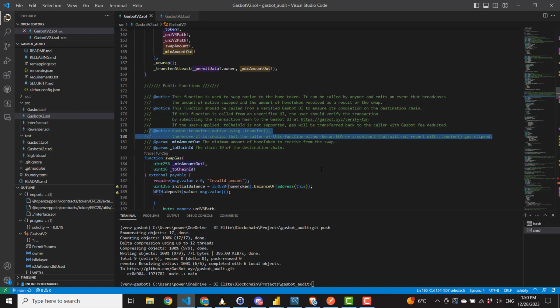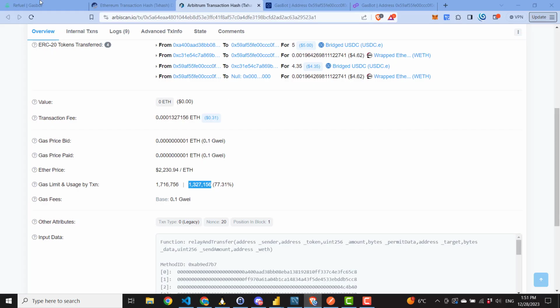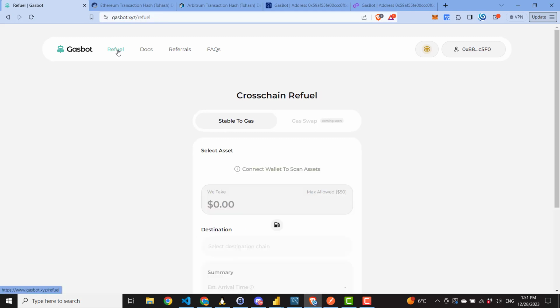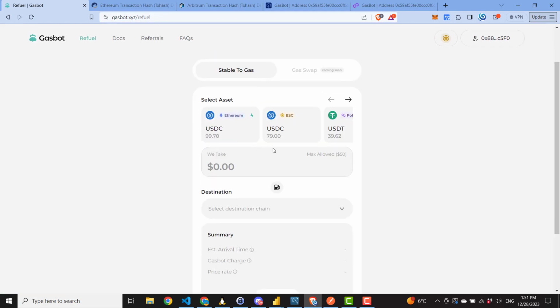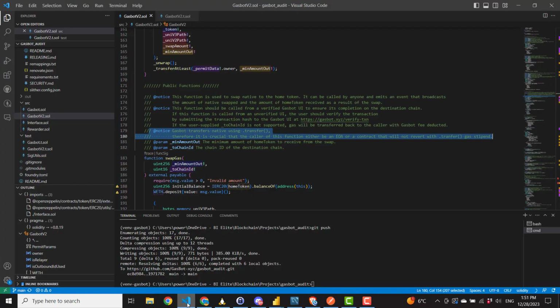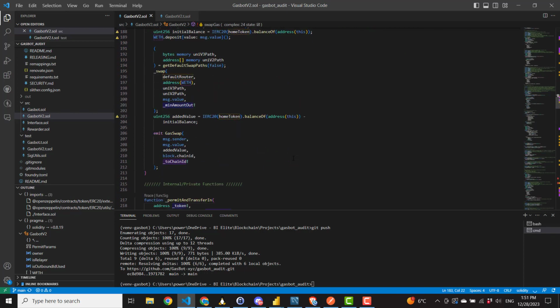It's not something that we're going to deal with, given that our entire model here is kind of a UI based thing. This has to be an EOA for someone to initiate a transaction through this UI, and we don't foresee many contracts sending gas through the swap gas function that wouldn't be able to support it. So we intentionally are using .transfer on that.